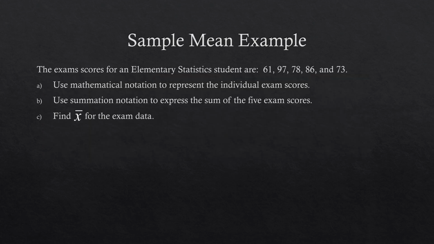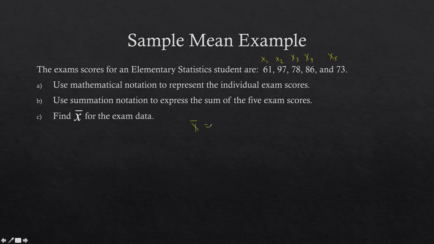So for example, letter A, use mathematical notation to represent the exam scores. So this would be, I'm going to label this x1, x2, x3, x4, x5. That's mathematical notation to represent each individual score. Now, letter B and C can kind of be done together.